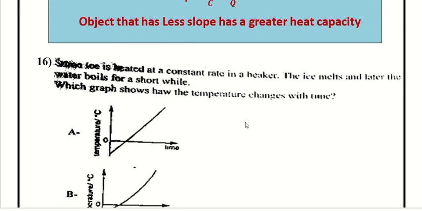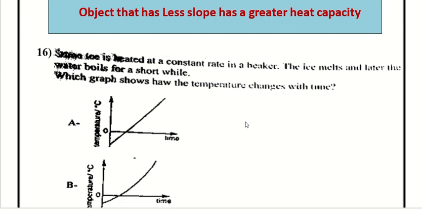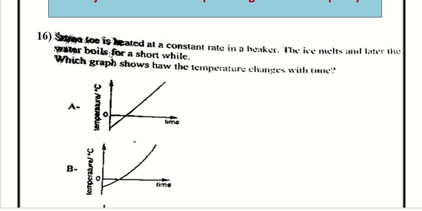Question number 16. Suppose that we have an ice cube that is heated at a constant rate in a beaker. This ice melts and later the water boils for a short while. Which graph shows the temperature change with time?